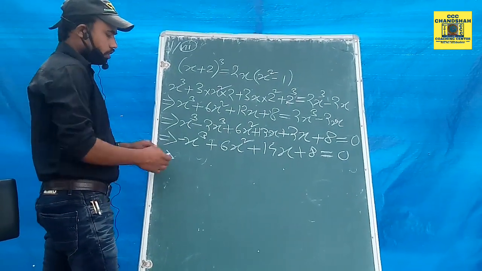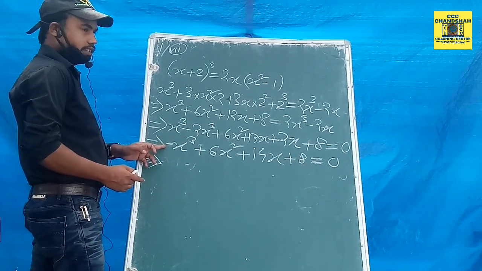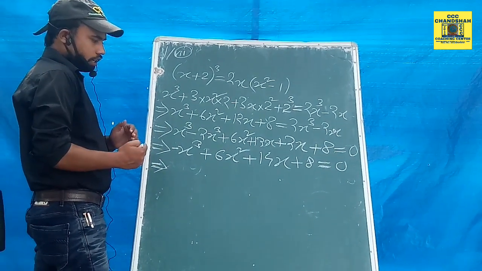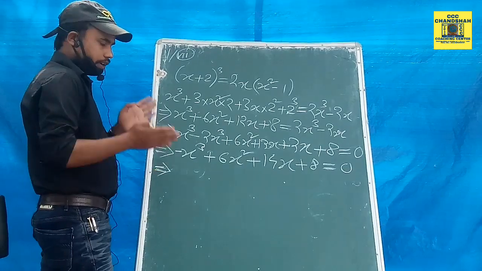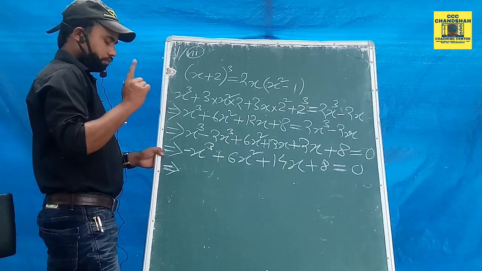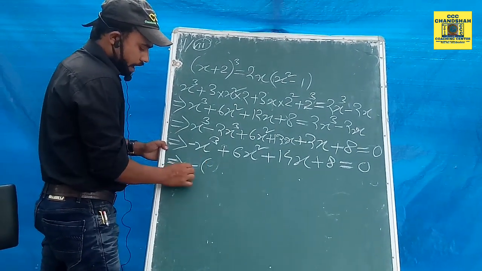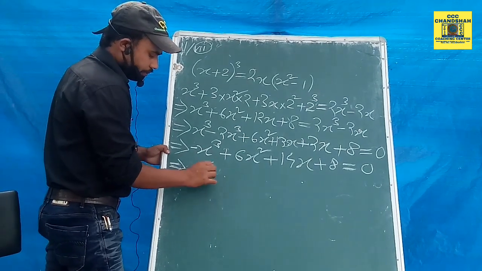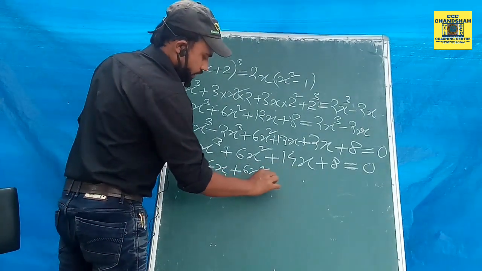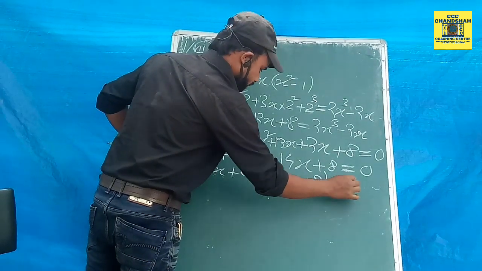Now here the first term is negative, so whenever we make it positive, in the entire equation we have to multiply by minus sign. Okay, now if we multiply minus on this side, it will be minus x cube plus 6x square plus 14x plus 8 equals 0.